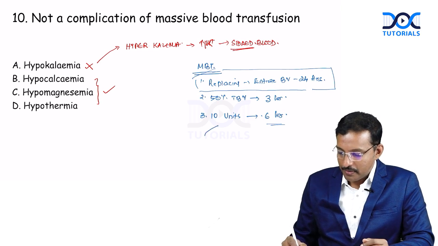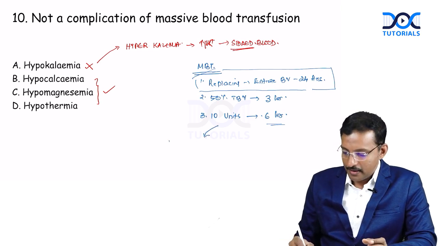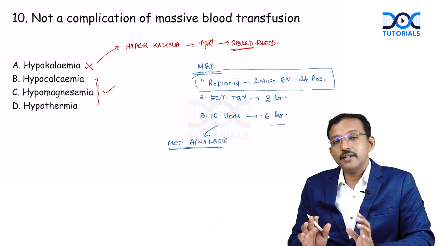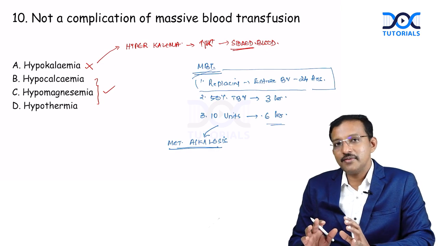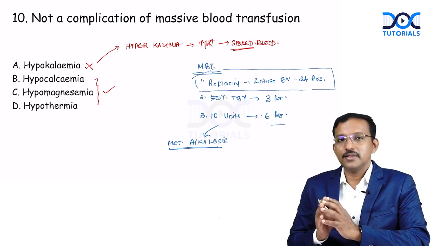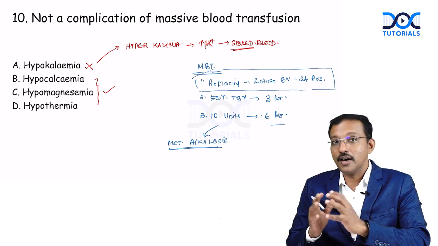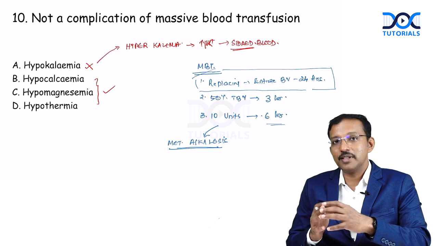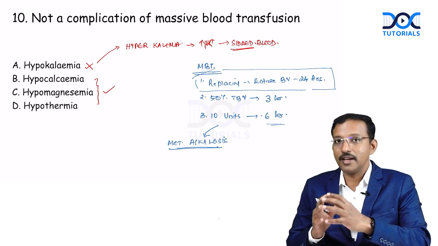So coming back to the metabolic abnormality, the metabolic abnormality associated with blood transfusion is metabolic alkalosis. How does alkalosis occur? Most of us think that it may be metabolic acidosis, but no, it is metabolic alkalosis.